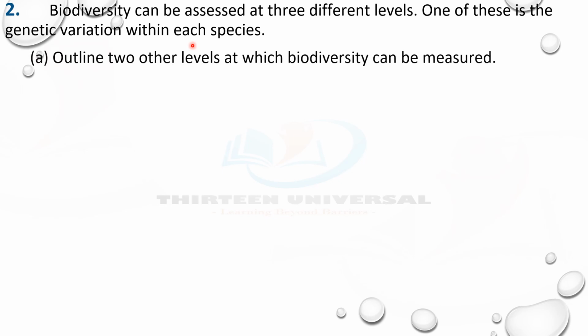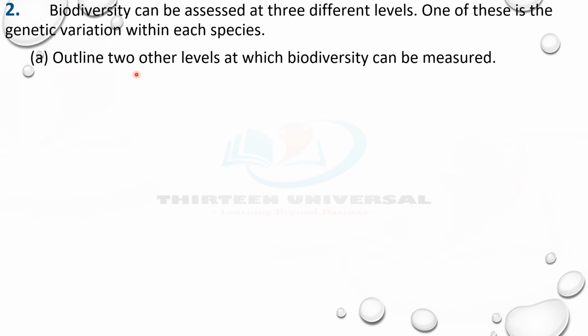The next point says outline 2 other levels at which biodiversity can be measured. Pause this video and try it first, by yourself. What are the 2 other levels? Biodiversity has to do with a wide range of different habitats or niches.